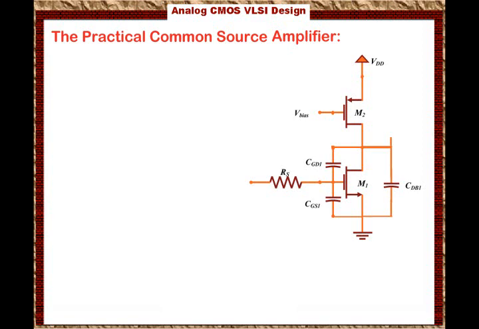Then there is also a capacitance that goes from the gate to the drain of M2, we call it CGD2, a capacitance that goes from the gate to the source of M2, we call it CGS2, and a capacitance that goes from the drain to the body of M2, we call it CDB2.